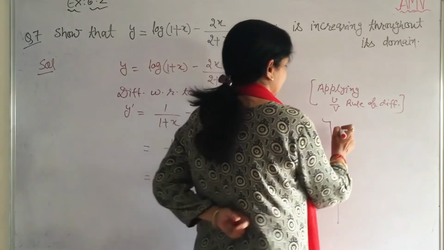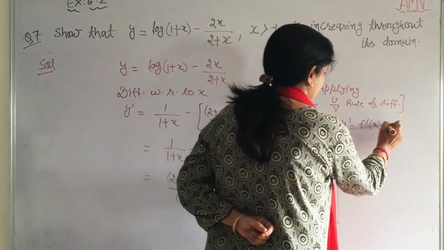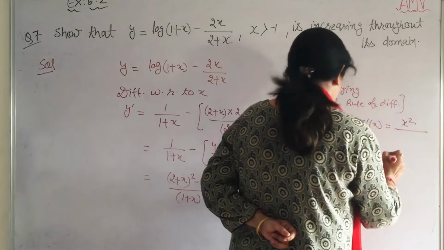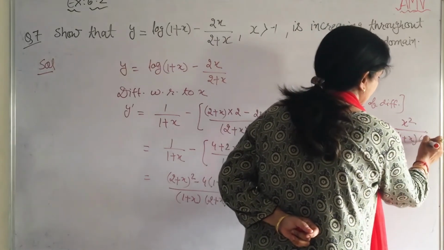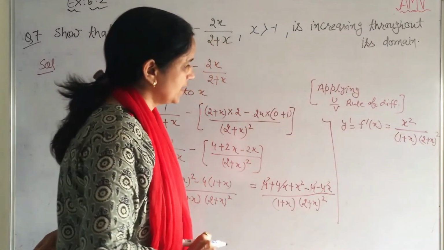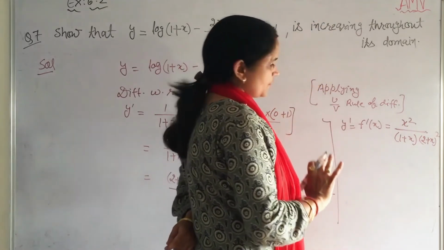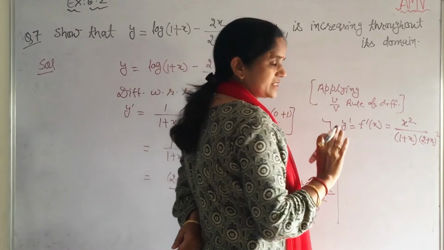So I am writing here y dash, which means f dash x, and it is x square by 1 plus x and 2 plus x whole square. Now see, it is always positive for all values of x greater than minus 1.